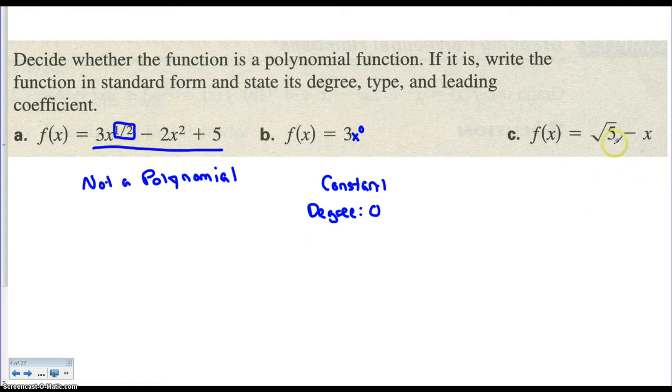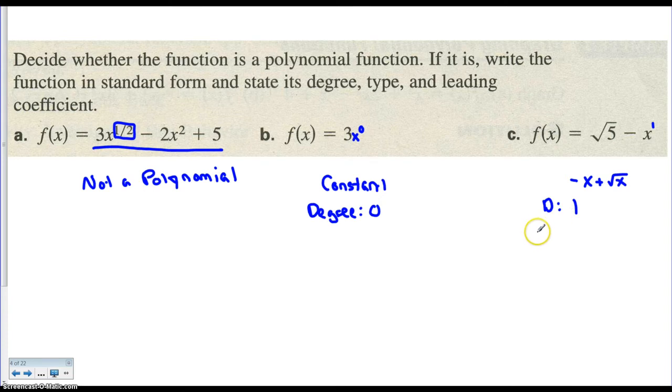So let's look at this one. Is this a polynomial function? I do not care about this number. All I care about is what the variable is taken to, and this variable is taken to the first power. So what I want to do is rewrite this in standard form, which is going from highest power down to the lowest power. So negative x plus square root of 5 is standard form. My degree is 1.